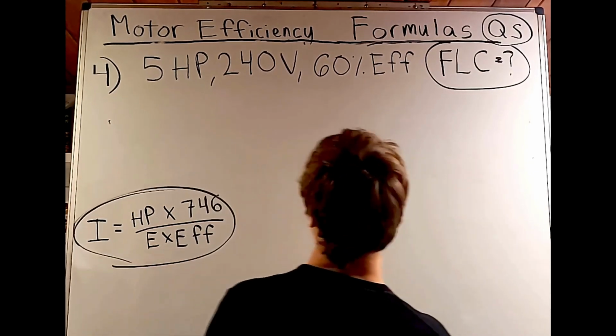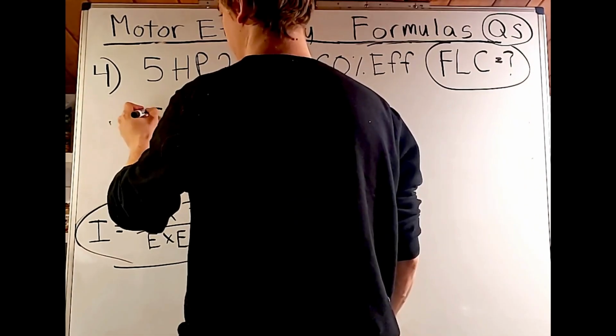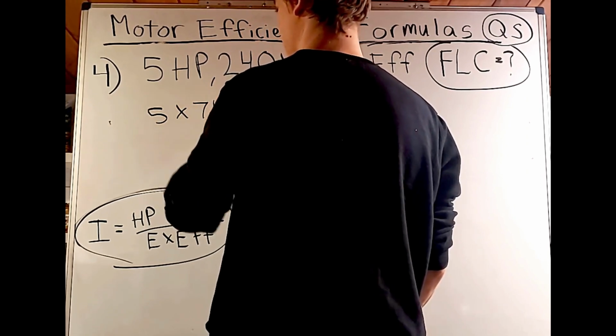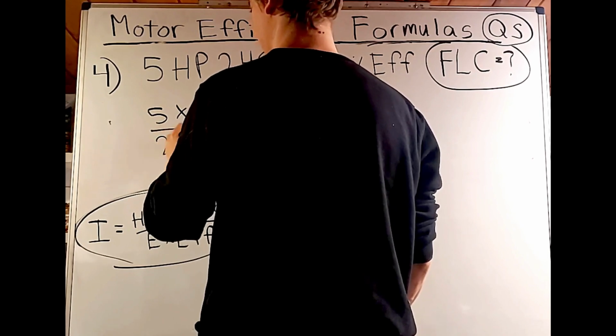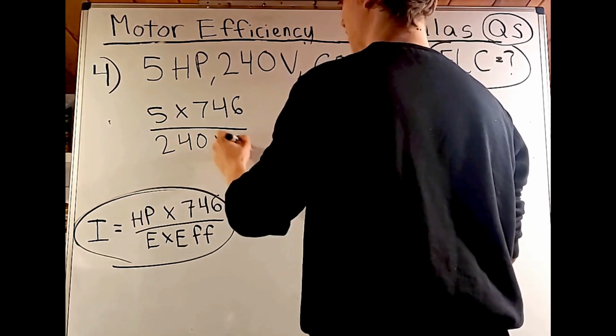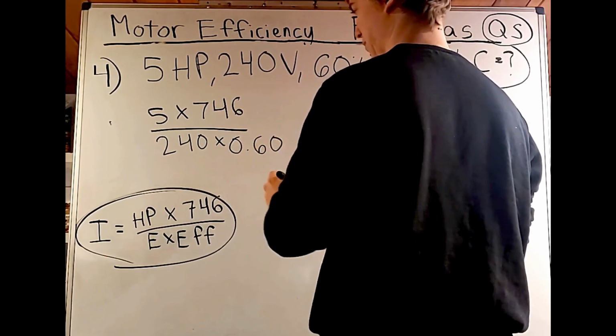Okay, now that I have the formula for the question that we're working with, I'm going to plug in what we have. I have 5 horsepower times 746 over 240 volts, and that is going to be multiplied by the efficiency value of 0.6, or you call it 0.60.